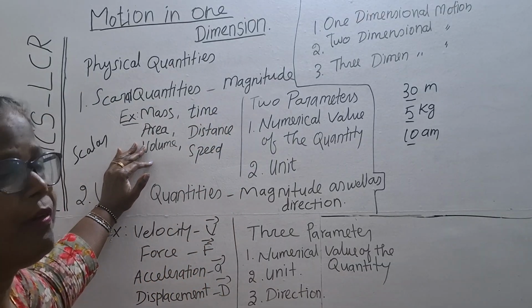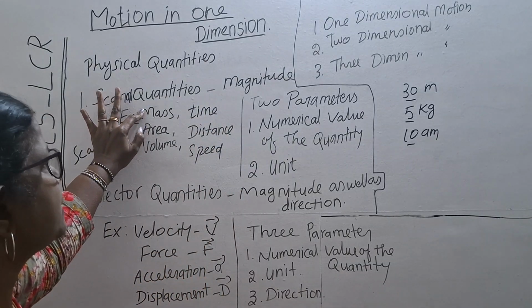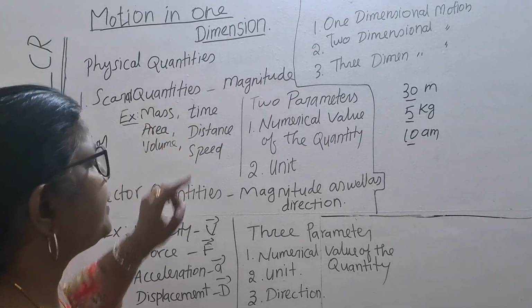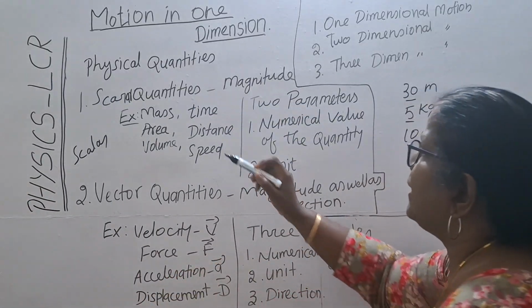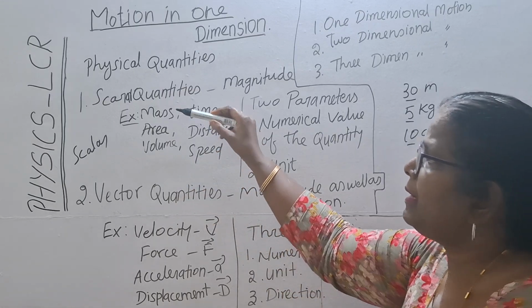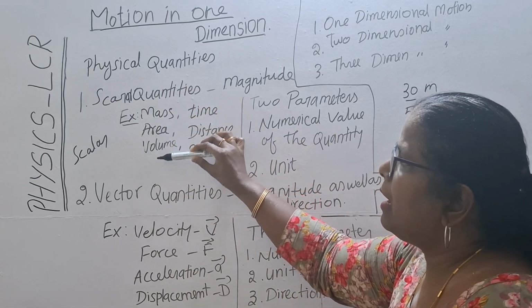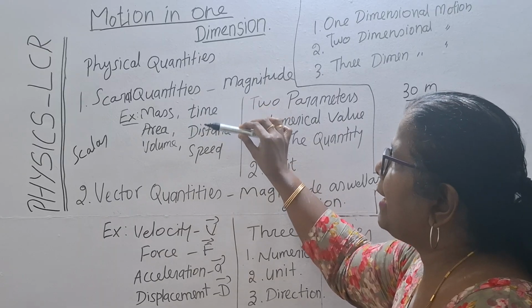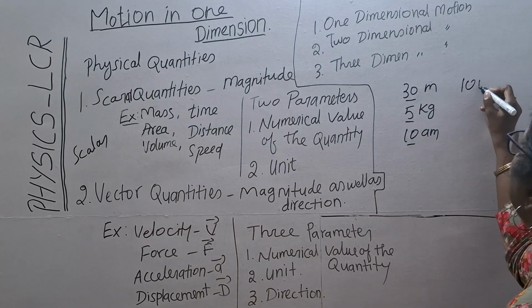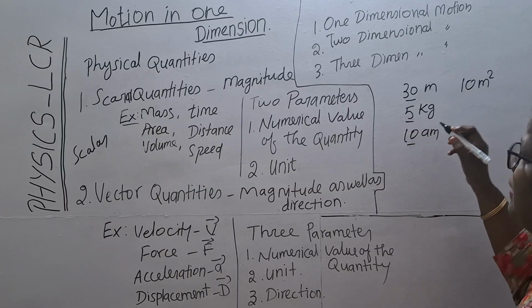Examples of scalar quantities: mass, area, volume, time, distance, speed. Area we can say 10 meters squared.